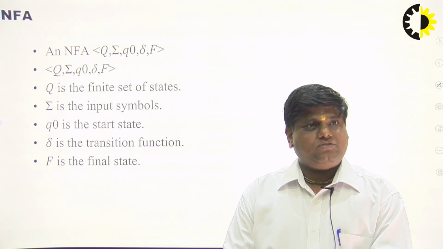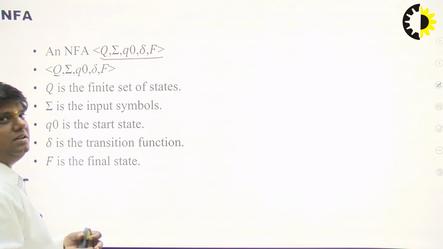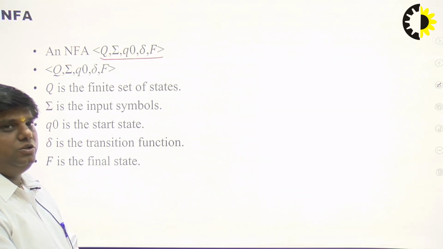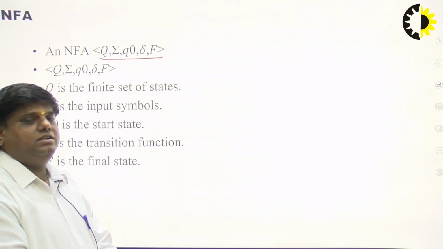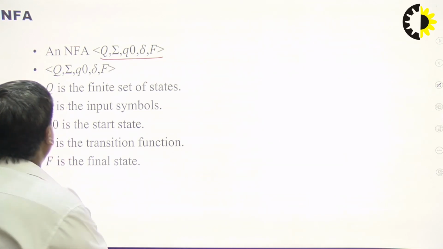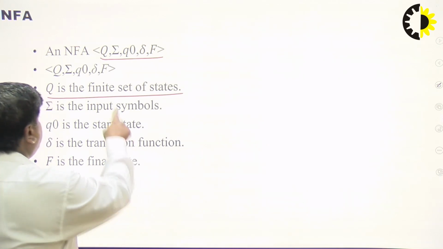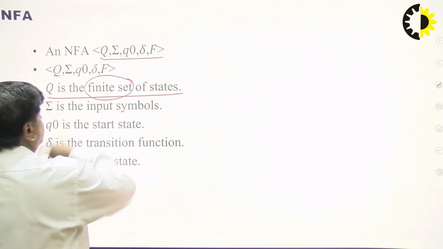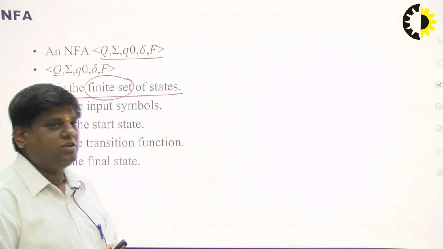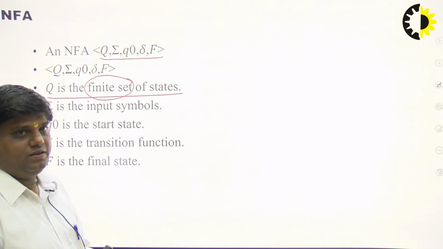In non-deterministic finite automata, there are mainly 5 tuples: Q, sigma, Q naught, delta, and F, which stands for the final state. Where Q is a finite set of states. The important thing is that it is a finite set of states. In all non-deterministic finite automata or deterministic finite automata, the set of states is finite.